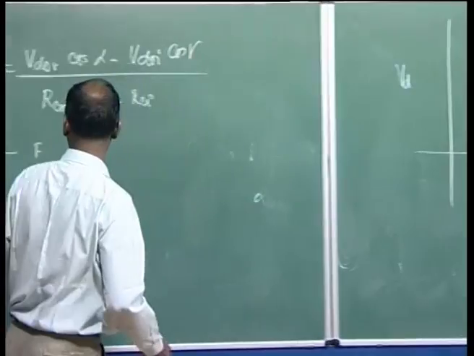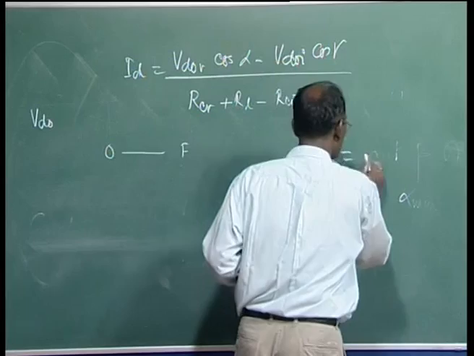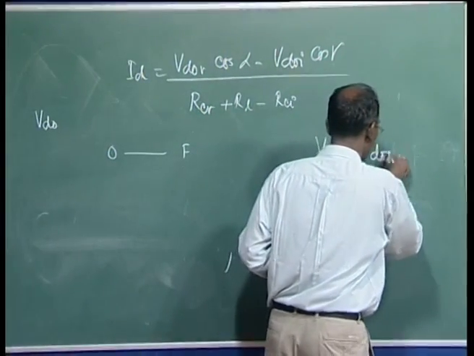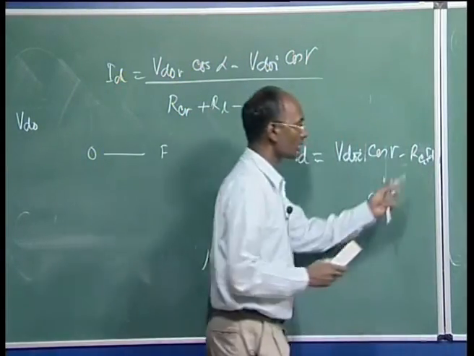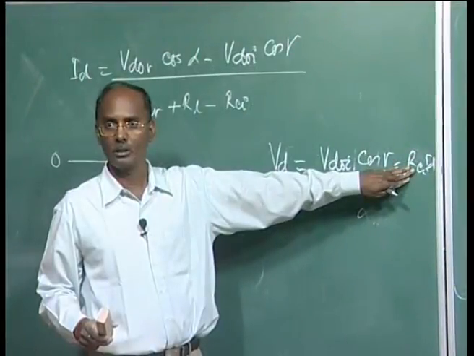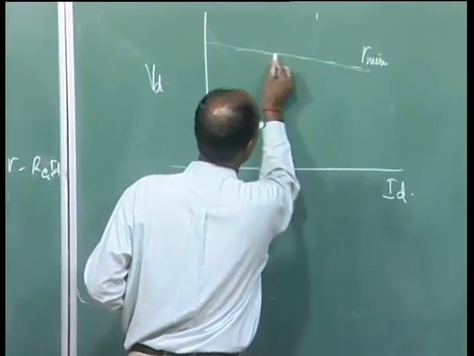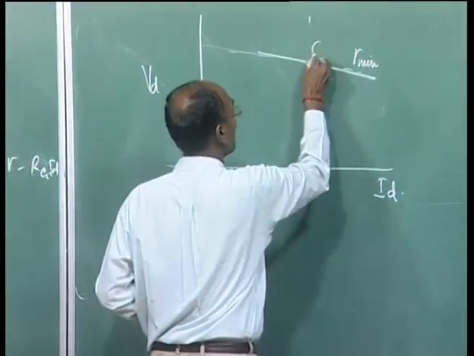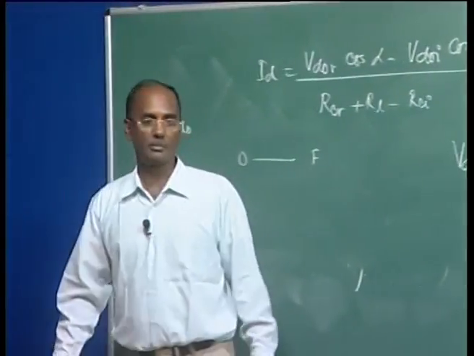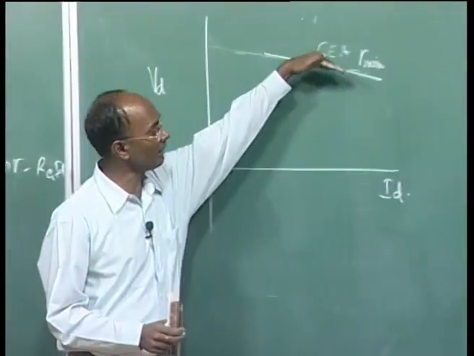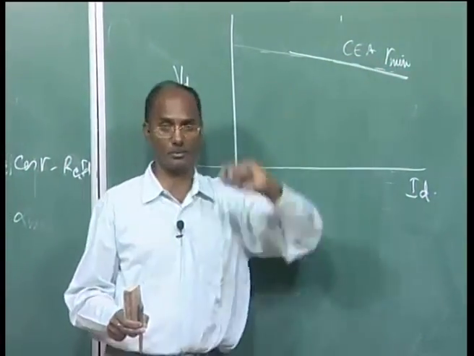Why? From the voltage equation I wrote, this is your VD at the inverter end, it was VDOI cos gamma minus RC ID. So this is the slope of RC ID. This is the characteristic, this is called CEA, and this is your inverter end. It should have a certain limiting value. Alpha can be larger, but not less than this value.